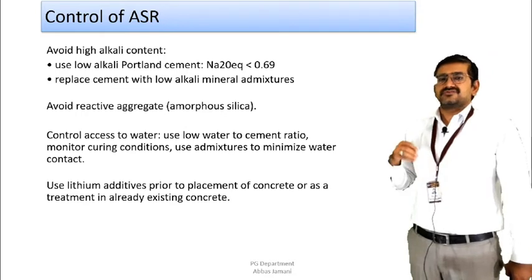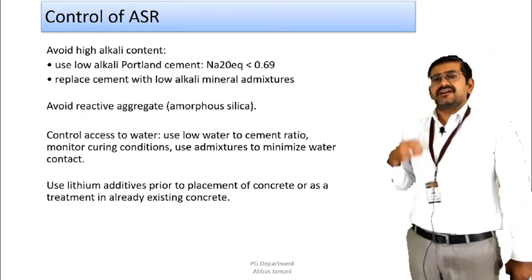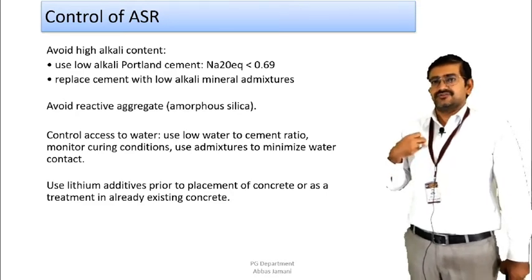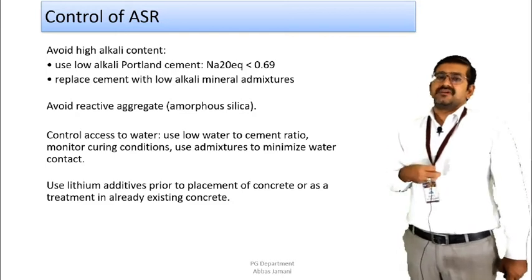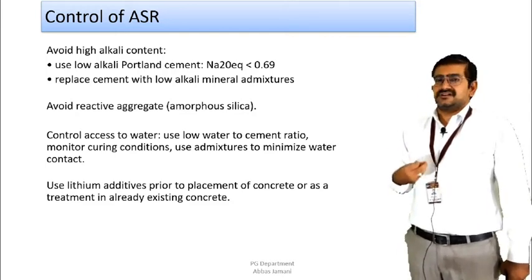So if you select aggregates which are non-reactive in nature, or which we can also say are inert, right? If you use aggregates having inert minerals or inert elements, then the reaction is not going to take place in the first go.